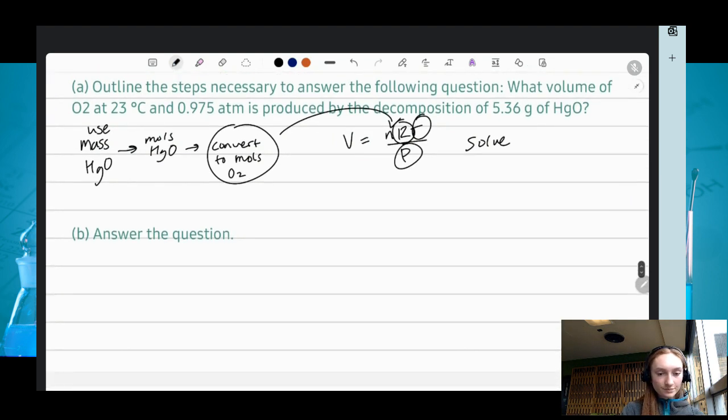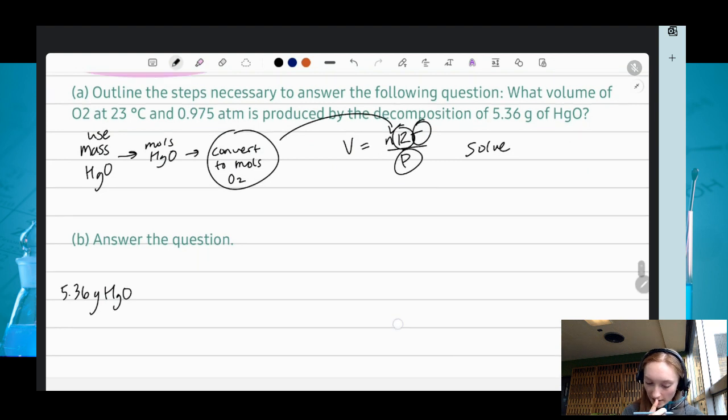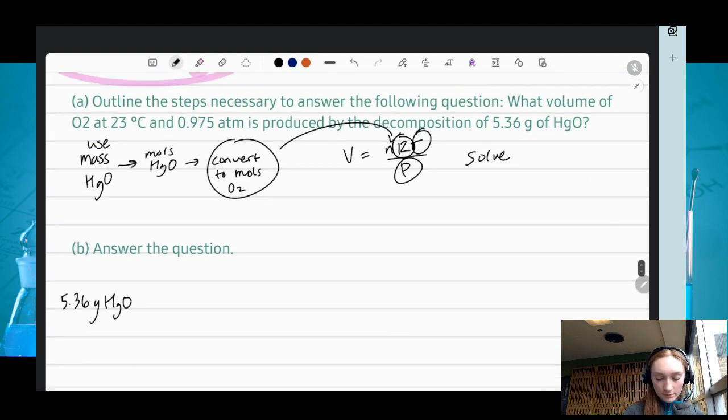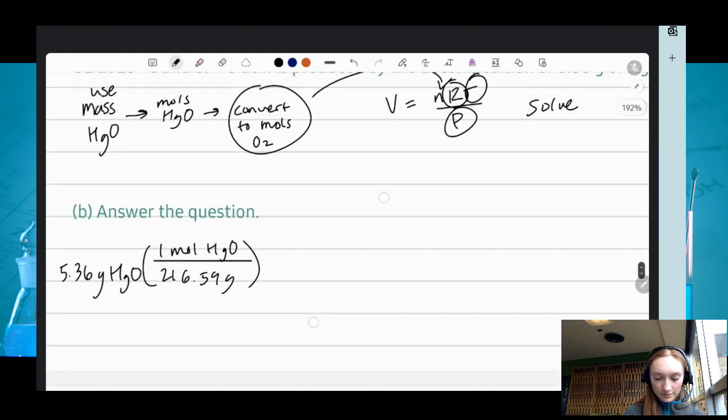So we have the 5.36 grams of HgO, and now let's convert that into moles of HgO. And that's 216.59 grams. That's the molar mass of this.